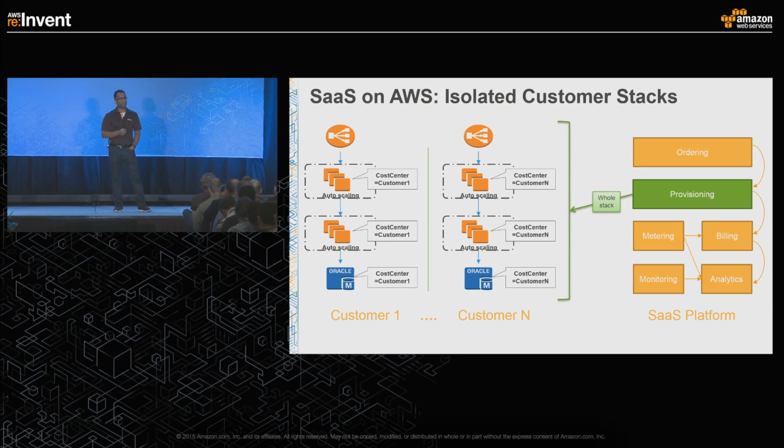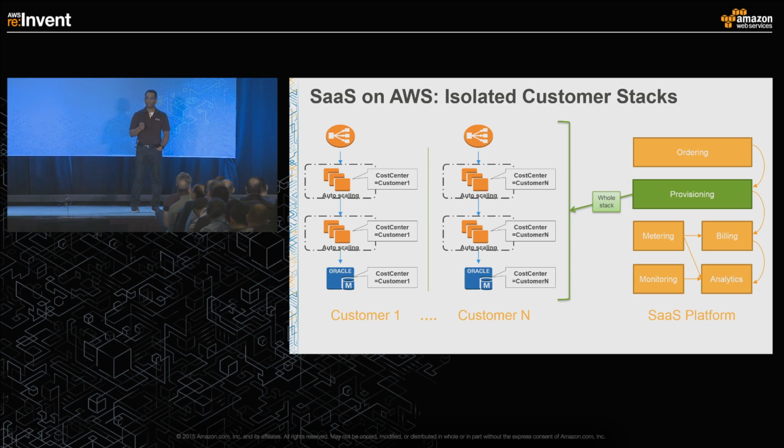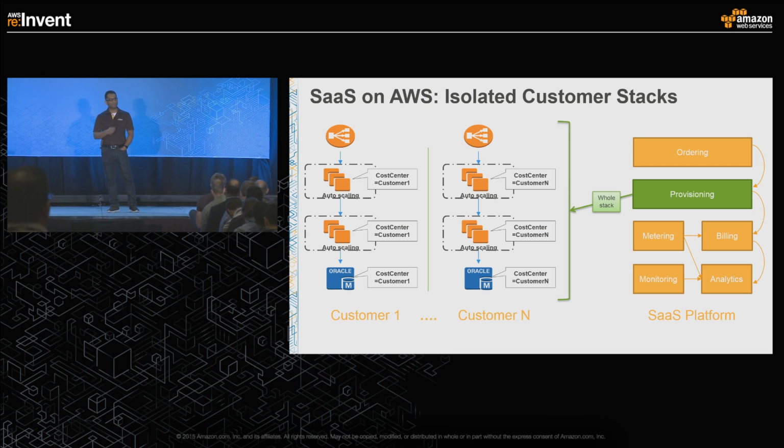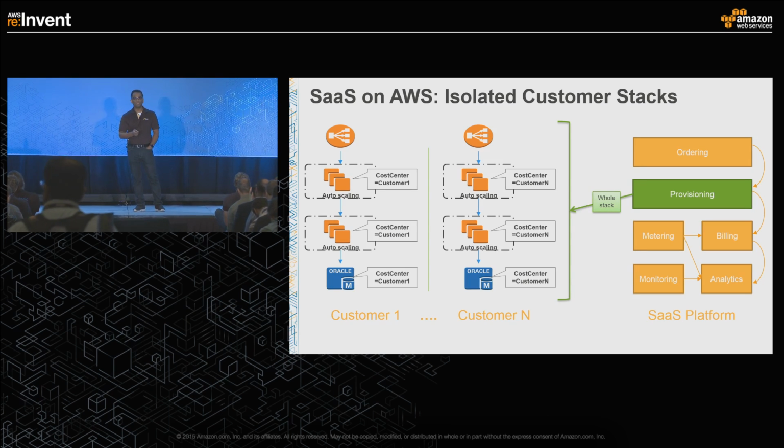Additionally, if you have customers in highly regulated industries where they typically demand an isolated stack, this could be a good approach. But there are some serious drawbacks with this approach as well. If you have thousands of customers, you're going to have thousands of stacks, and you're going to have to deal with infrastructure sprawl.